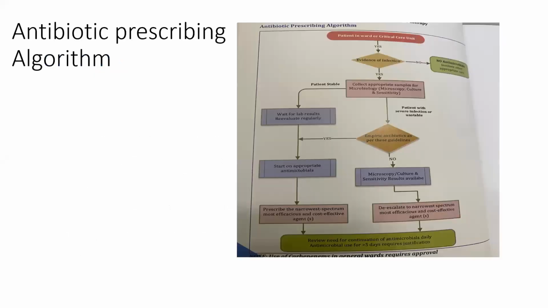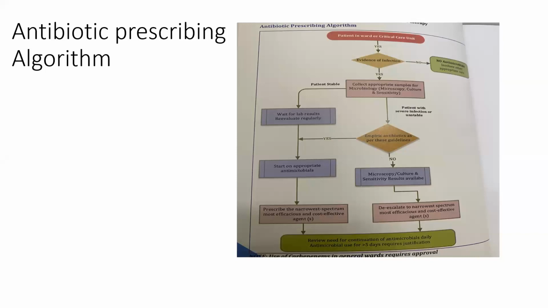This is the chart that the KNH guideline has advised. It's an algorithm for antibiotic prescribing. It tells you how to categorize your patients and what steps to take.